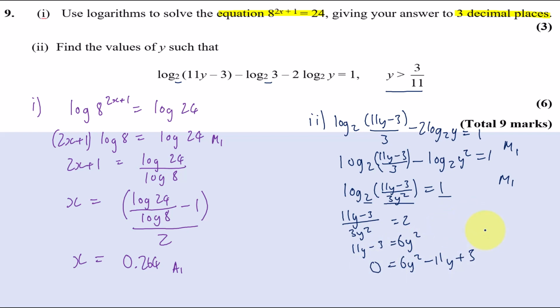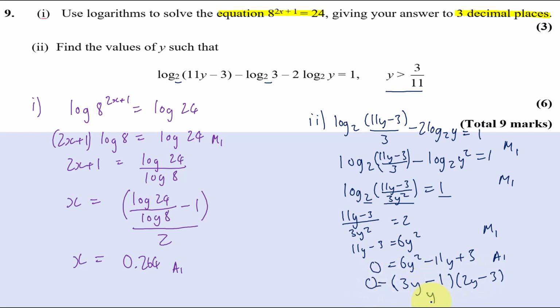Lots of method marks here. I'm going to call that a method mark, and you probably get an accuracy mark up to here. Now you need to solve the quadratic. If you can factorise, 6 is 3 and 2, so that's probably going to be 3y and 2y, and we want minus 11, so minus 3 and minus 1 equals 0.